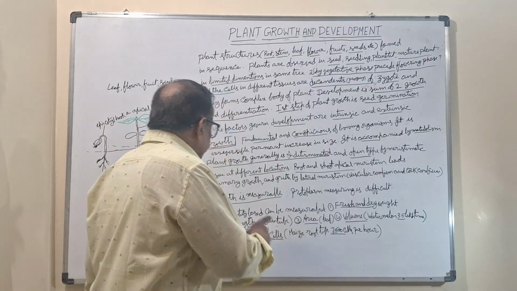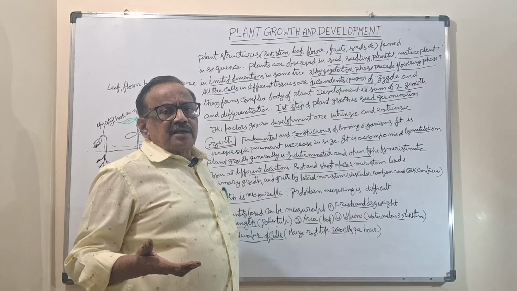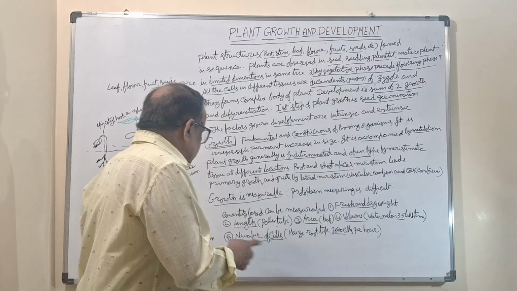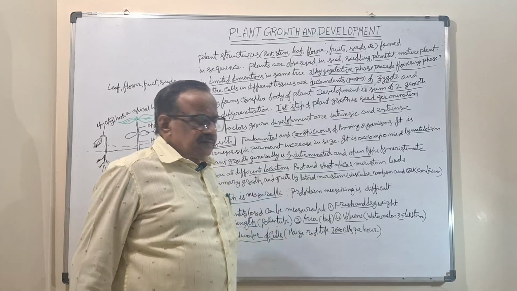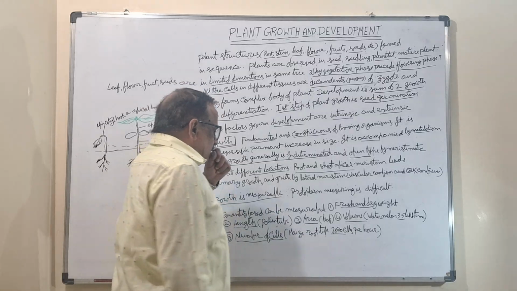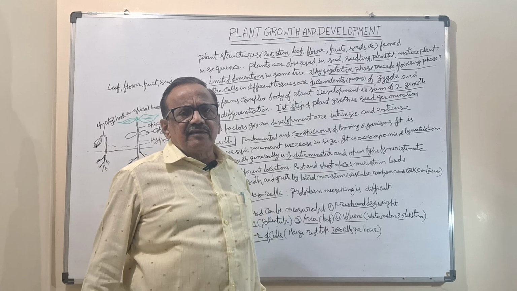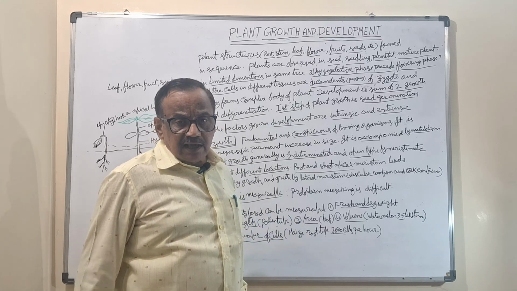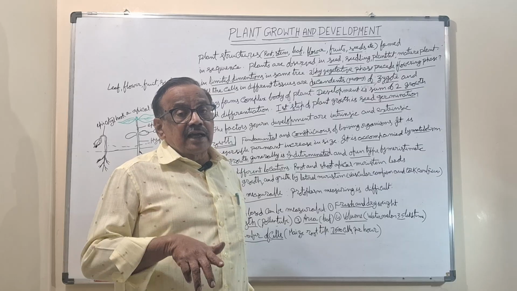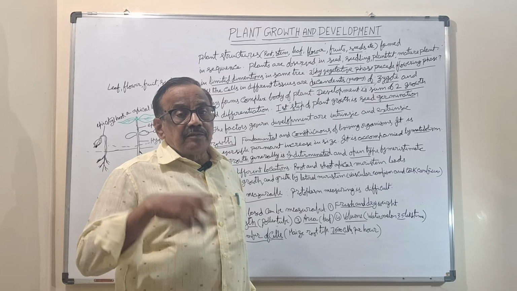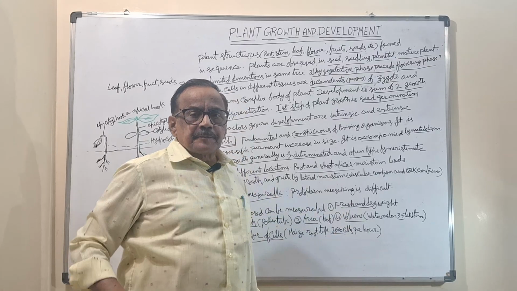Now, protoplasmic measurement is difficult, so we take partial methods, that is, quantitative partial methods. Here, fresh weight and dry weight he has given first. What do fresh weight and dry weight indicate, you will ask. Organic compounds formed during the time can be measured by fresh weight and dry weight.